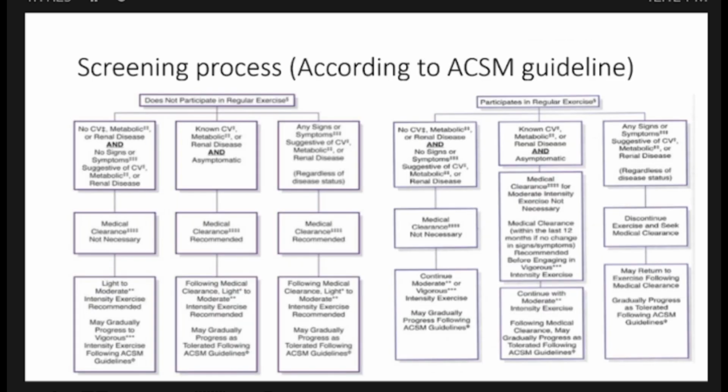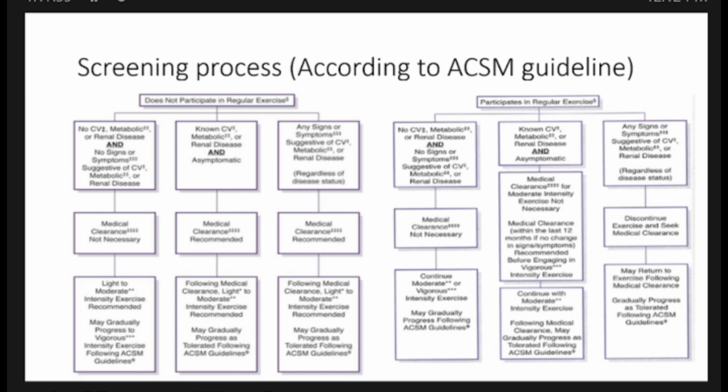This is the indication that we use. This is the American College of Sports Medicine guideline for the screening process. There are 2 arms. One is the person who has not done any kind of exercise. The other is the one who is doing exercise.